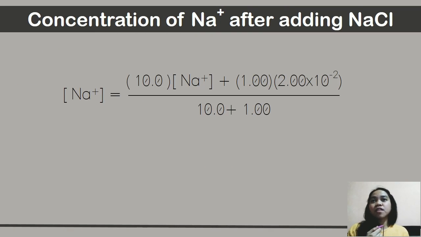Now, the concentration of Na+ after adding NaCl solution. To calculate for that, we know that the molarity of Na+ is this one. So, we use 10 mL of Na+ solution with an unknown molarity plus the volume of the NaCl and the molarity of the NaCl. So canceling those values, we will end up with a millimole in the numerator.